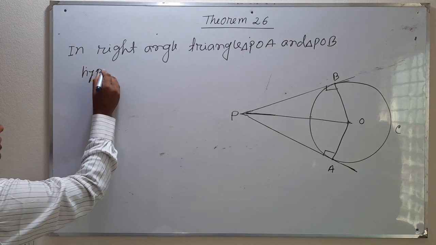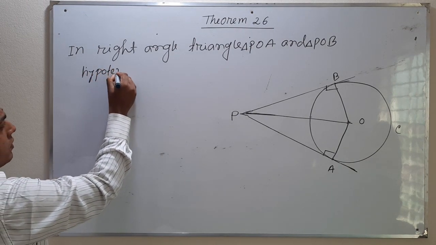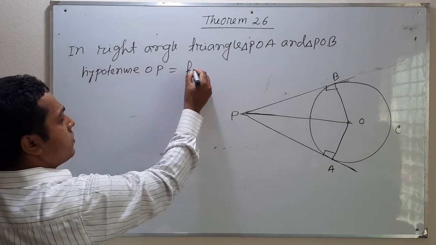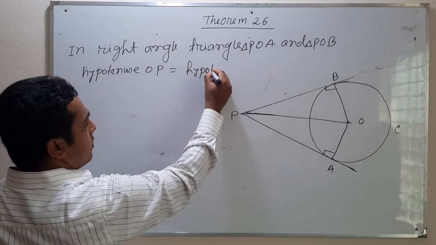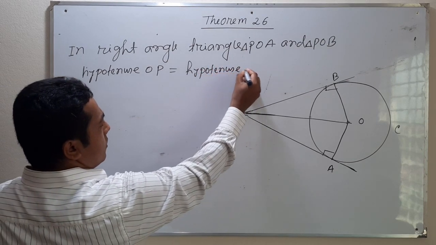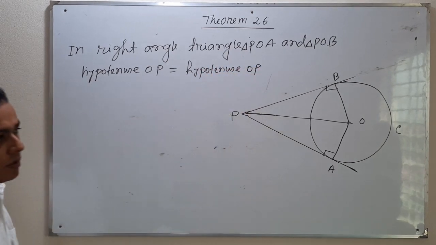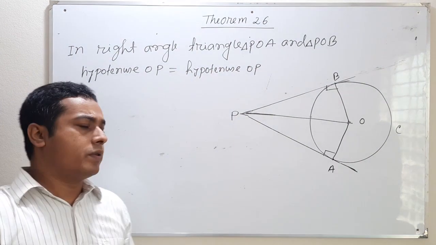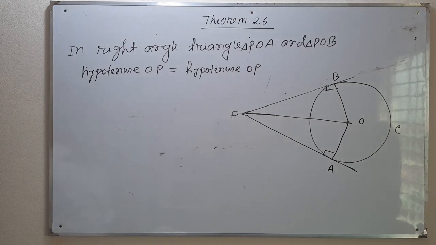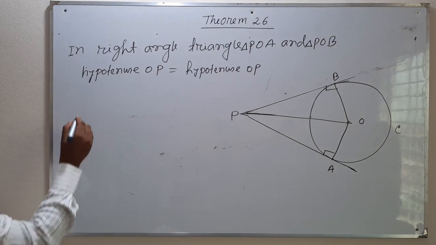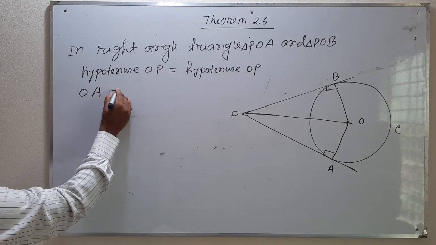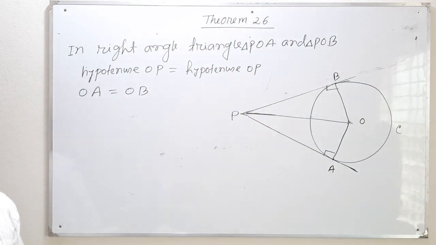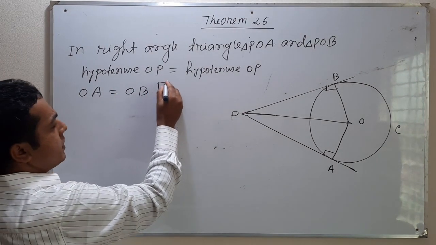Hypotenuse OP is equal to OP because it is the common side, and OA is equal to OB because they are radii of the same circle.